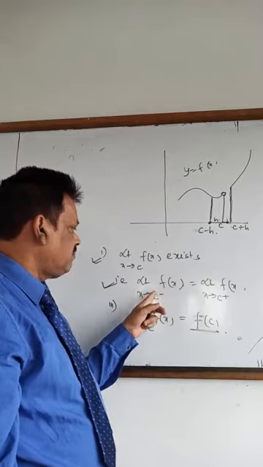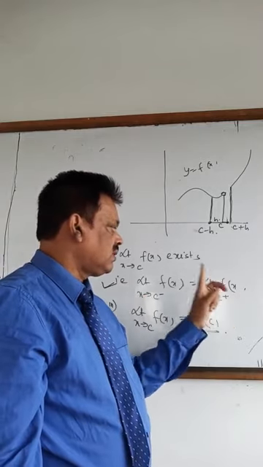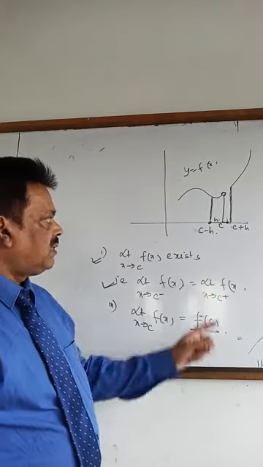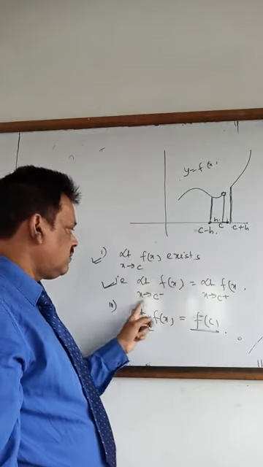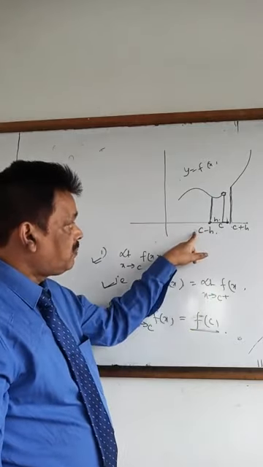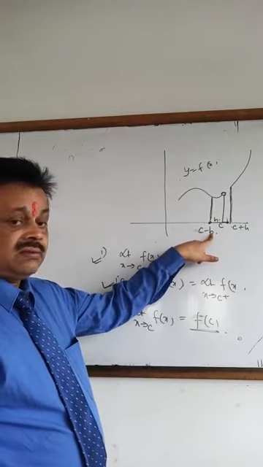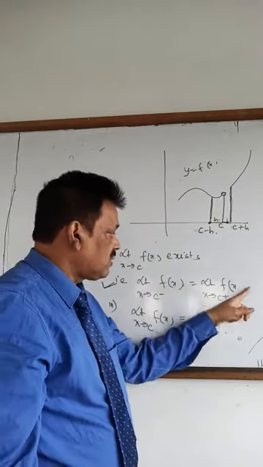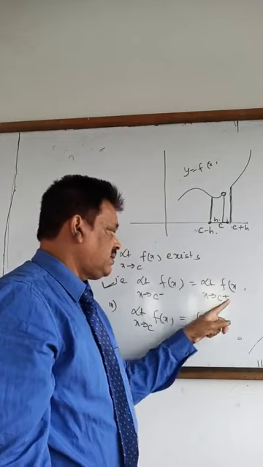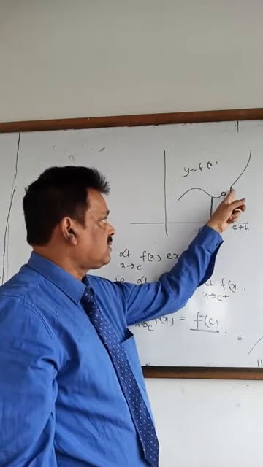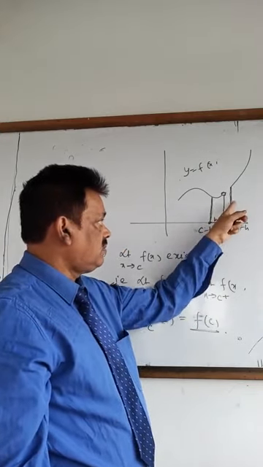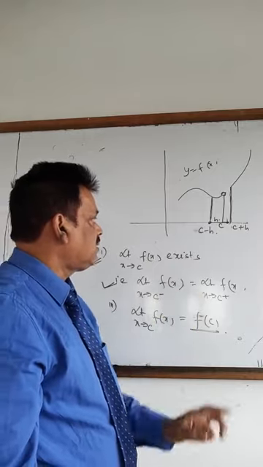Means left hand limit is not equal to right hand limit. But you have to notice here, when you calculate the left hand limit, you put the point C minus h, and when you calculate the right hand limit, you write C plus h. If these two are equal, then you say the limit exists. If these two are not equal, then you say the limit doesn't exist.